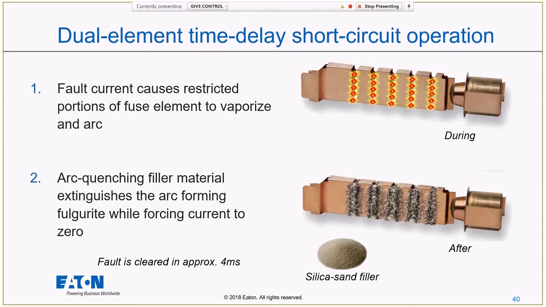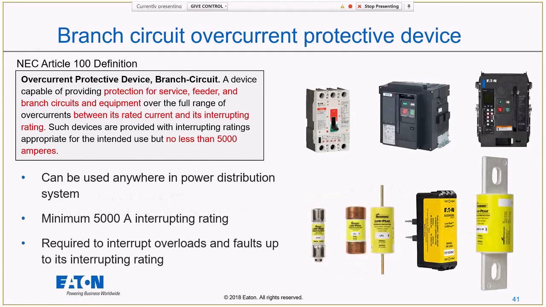So it's kind of cool, if you ever open up the fuse after a short circuit, just cut it open and throw it out. You'll see all those little short circuit elements will be broken up into separate pieces, and then you'll see these little glass beads in there for how it quenched that arc. So that's how my dual element time delay fuse operates under both overload and short circuit.